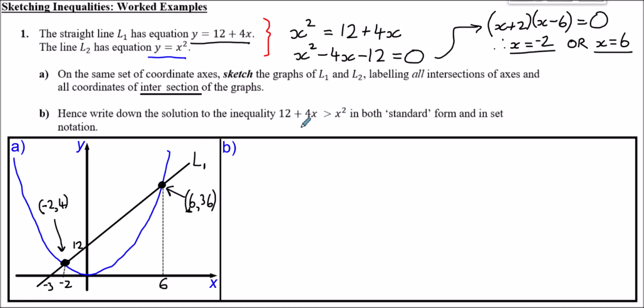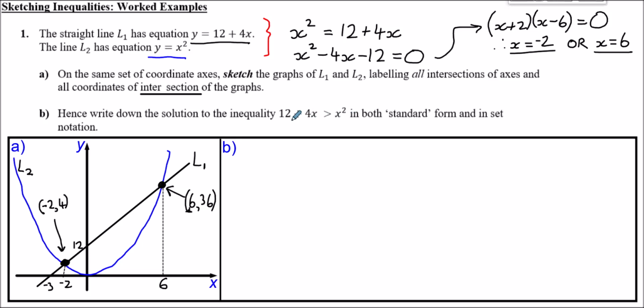X squared is obviously this blue parabola, so I'm going to label this L2. I'm now going to consider where this here is greater than x squared. And if you recall what we mentioned in the previous few moments, where one is greater than the other corresponds to where one equation, which has been graphed, is above the other.